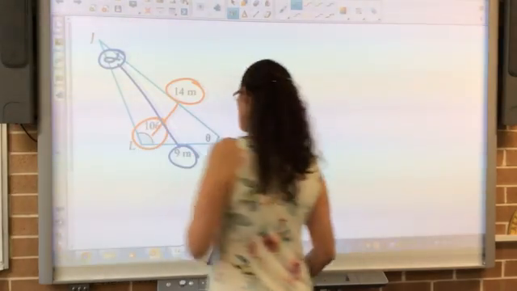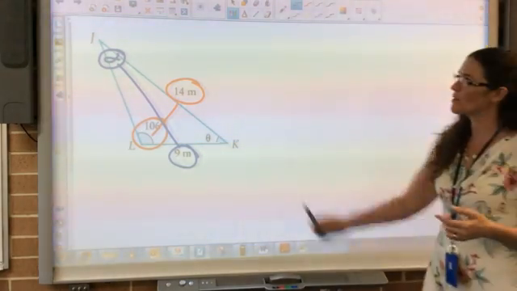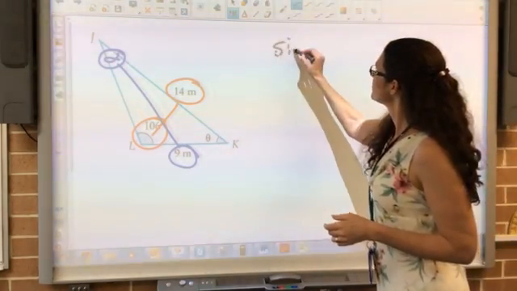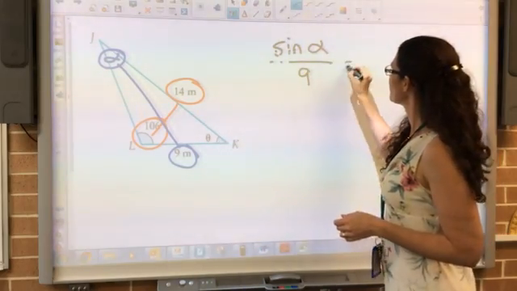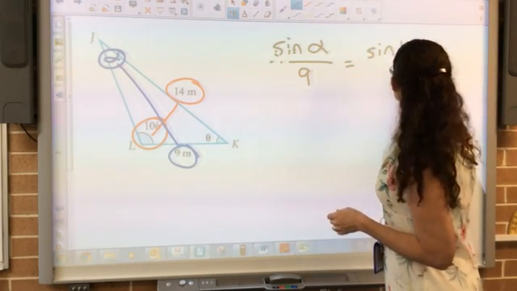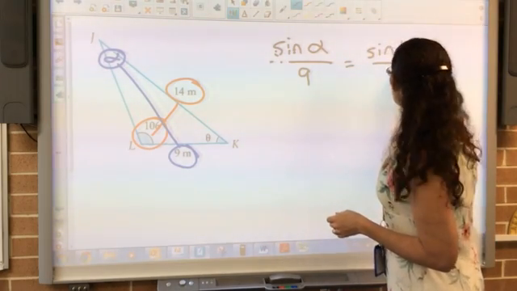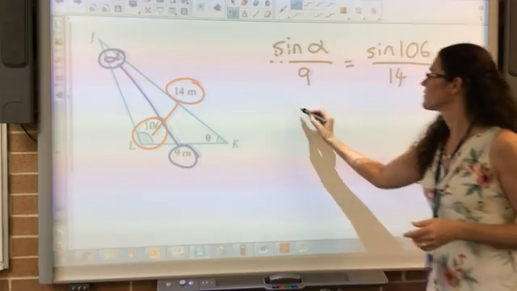Okay, so I'm looking for an angle, so the angle is going to go on top. So on top I'm going to put sine alpha, and that's going to be on top of 9. Over here I've got sine 106 over 14. First step, same as last time, remove the denominator of 9.